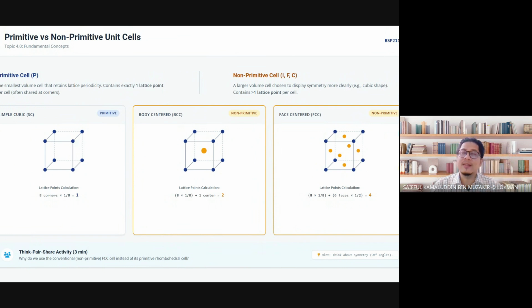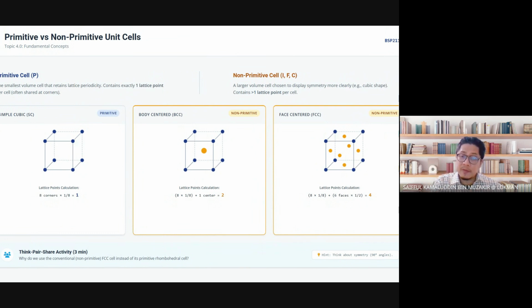So each face contains 1/2 of an atom. Half of an atom, multiplied by 6, we get 3 atoms. So 3 atoms from the faces and 1 atom from the corners. In total, we have 4 per conventional cell. So if we are talking about simple cubic, we are referring to 1 atom.